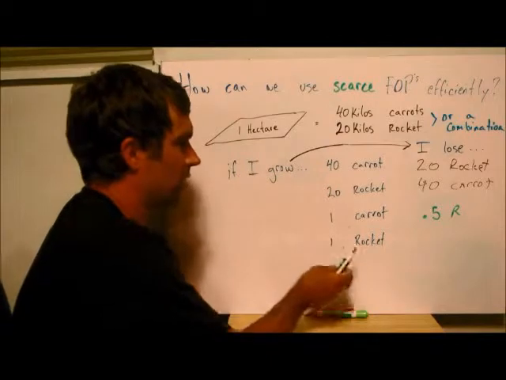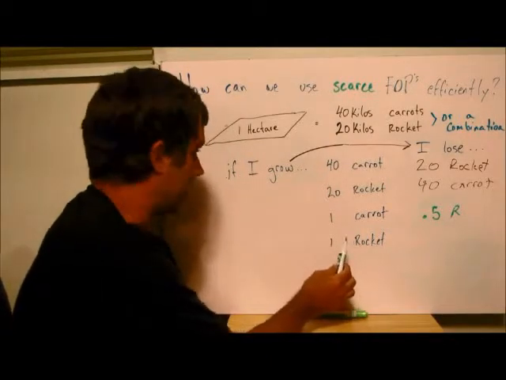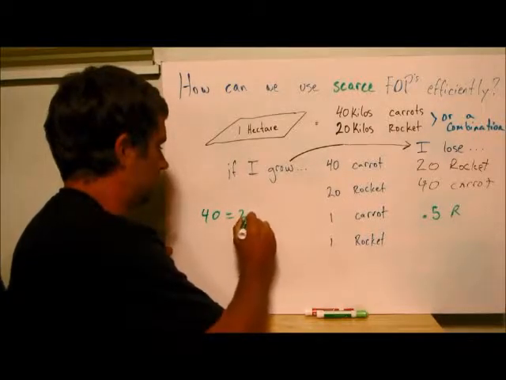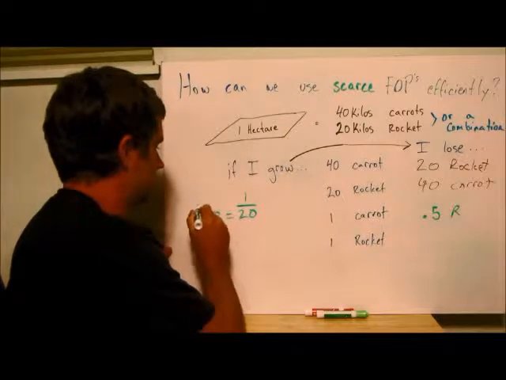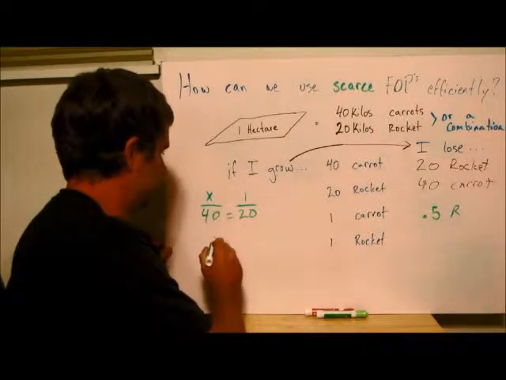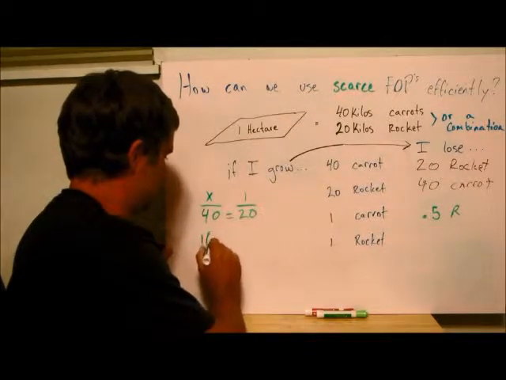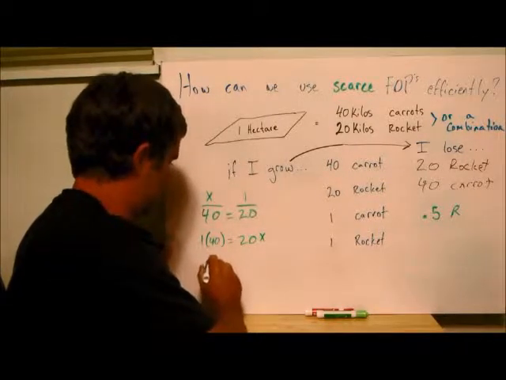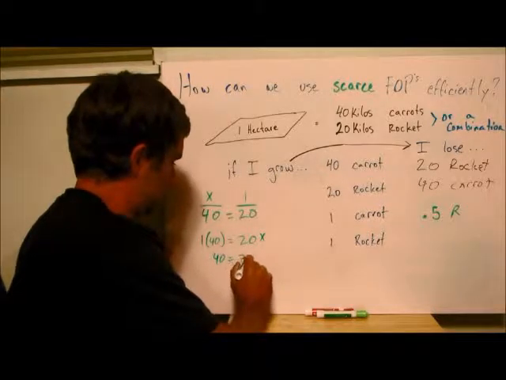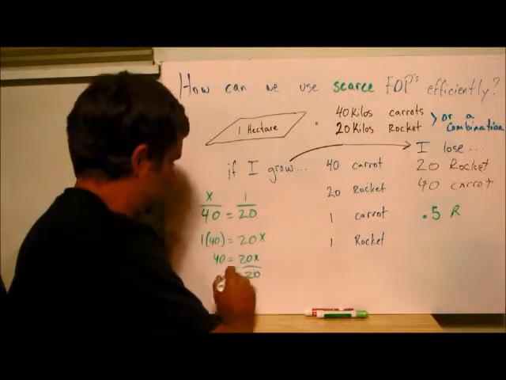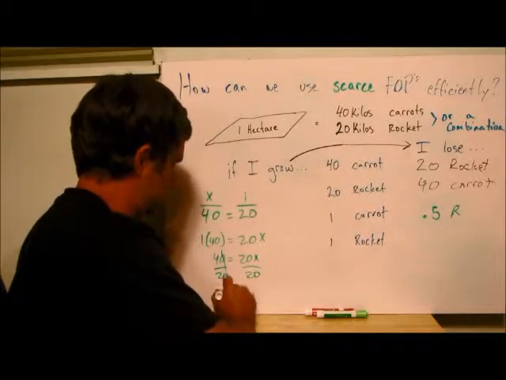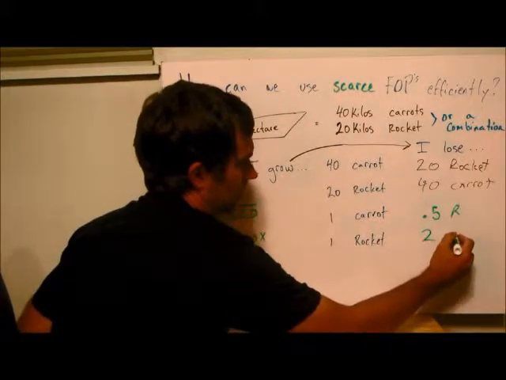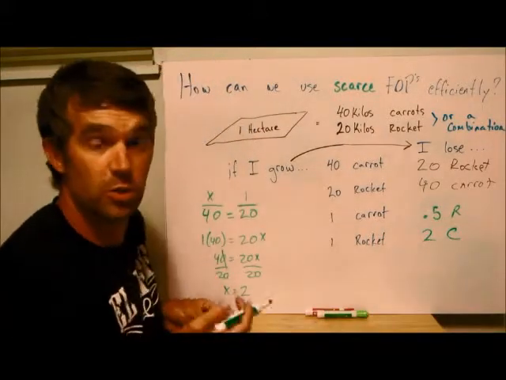Go ahead and try to solve this on your own. So what's the opportunity cost of growing 1 rocket? And the answer is 2 carrots.